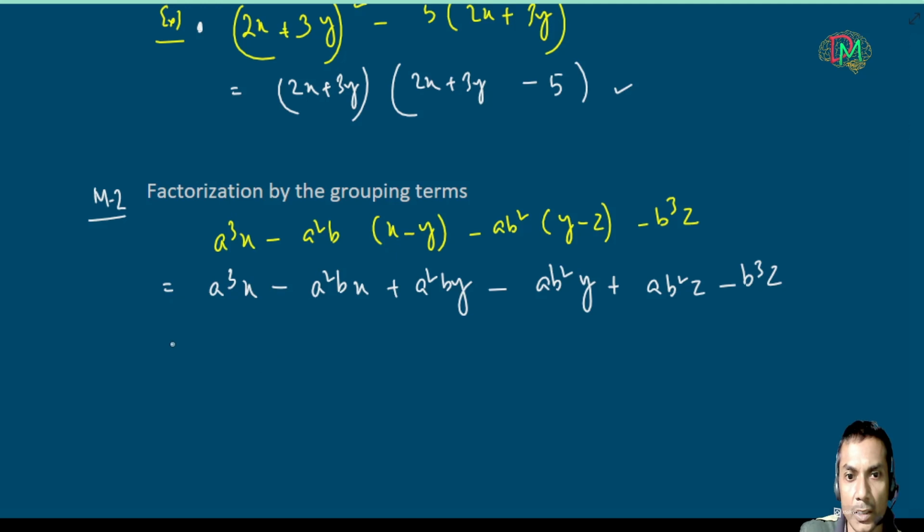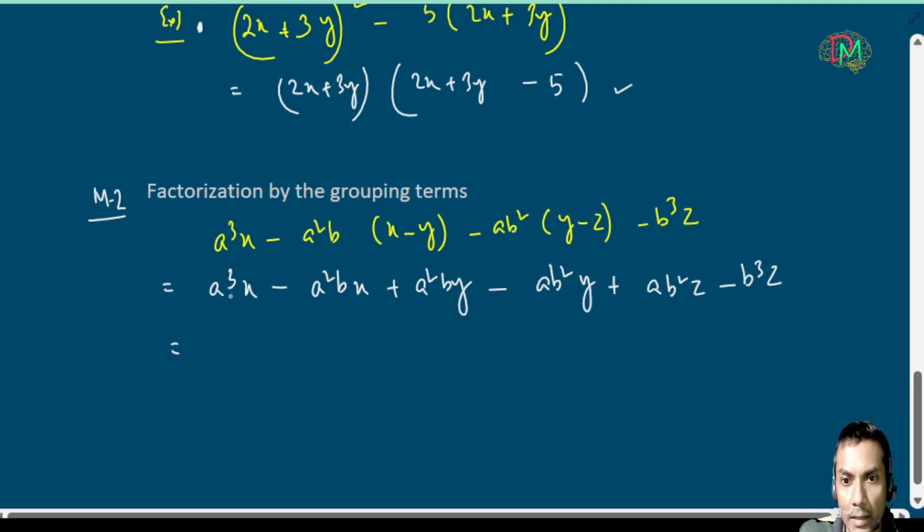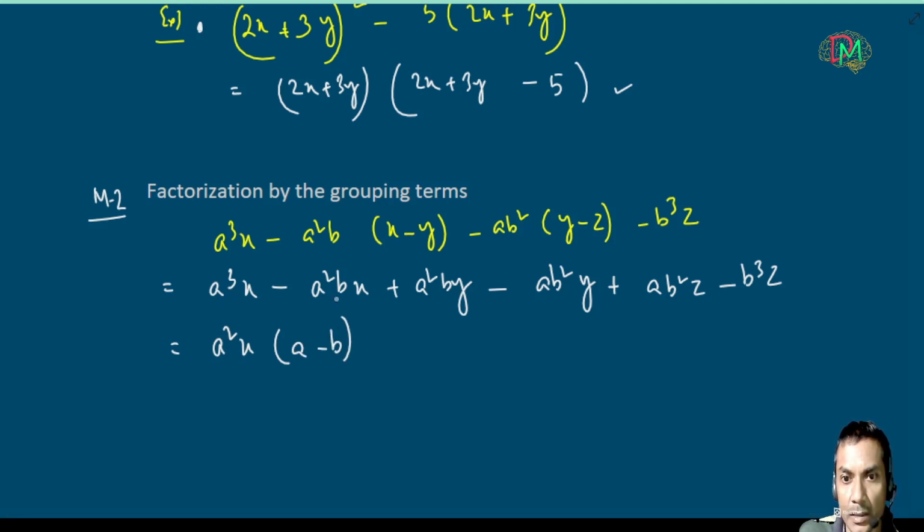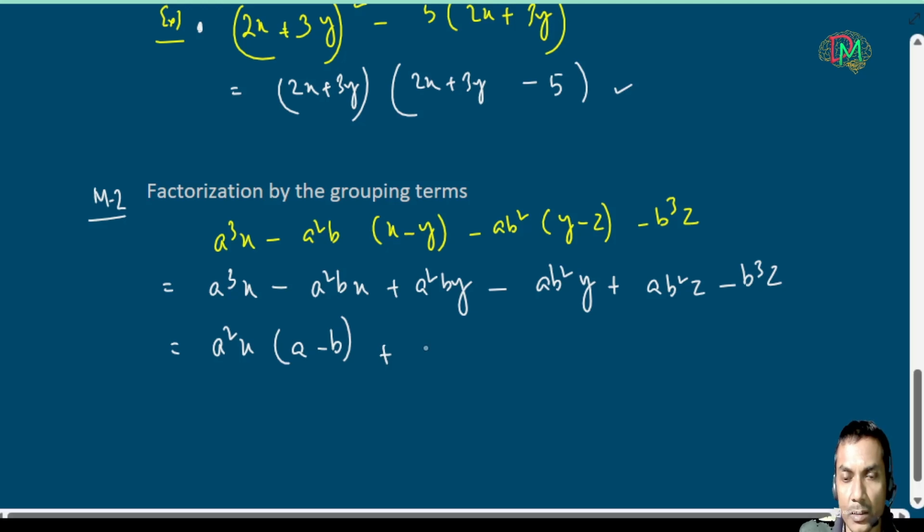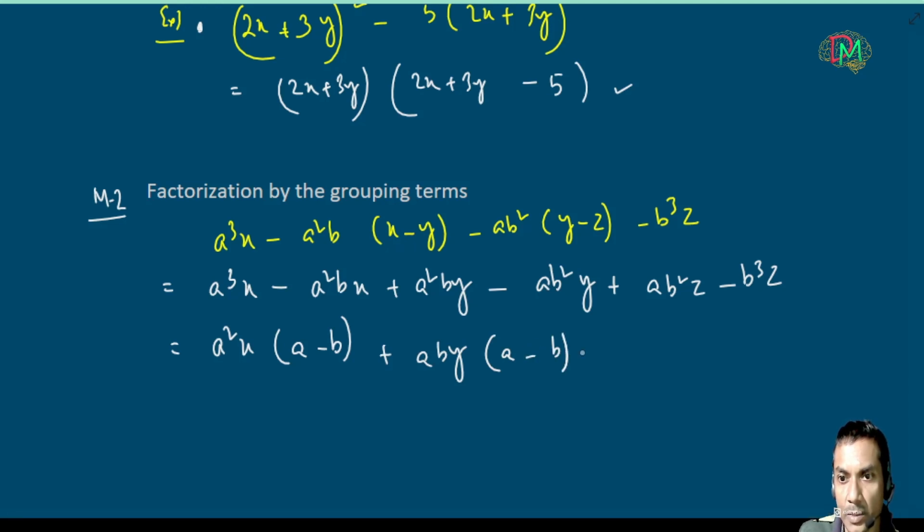Clear? So here we can take a square x, so what remains is a minus b square x. Plus here we can take ab y, so what remains is a minus b.